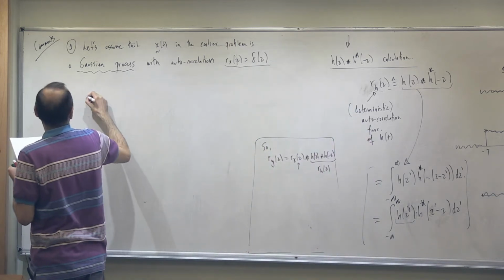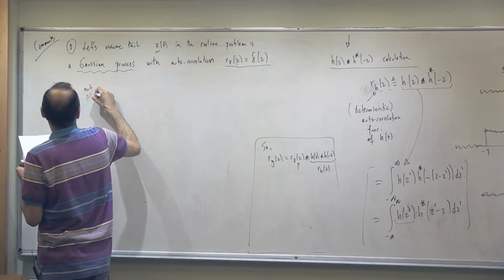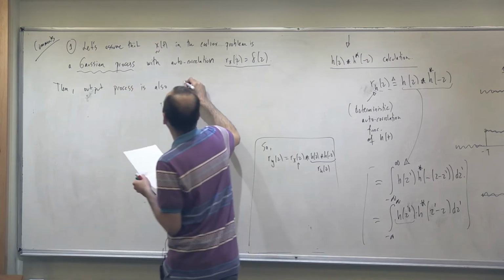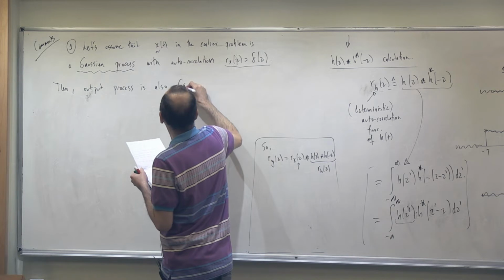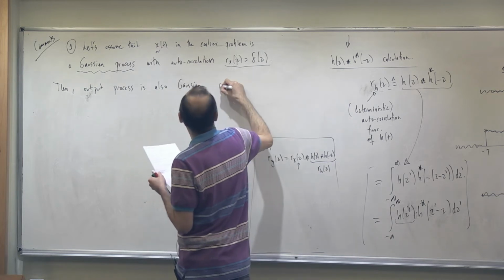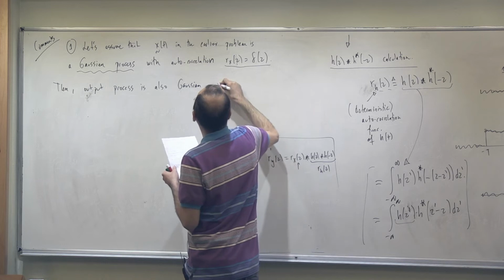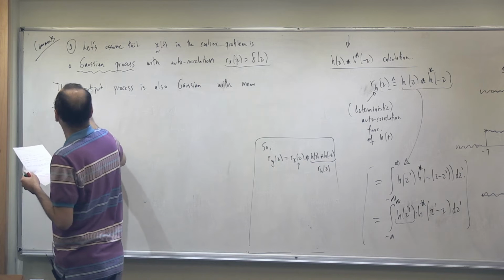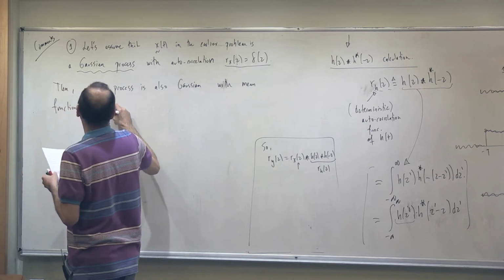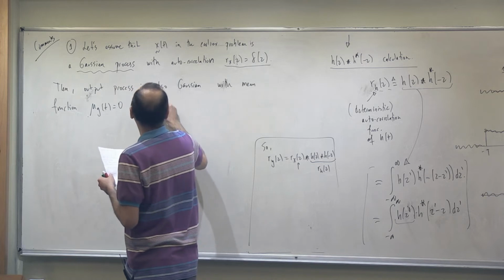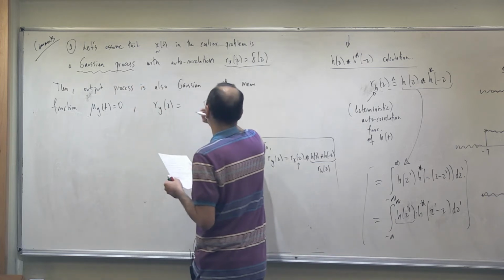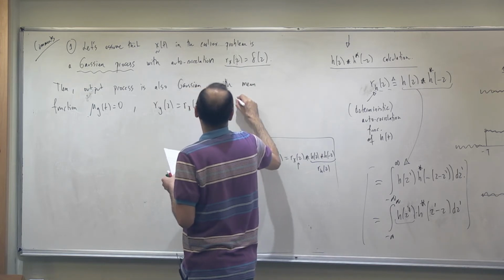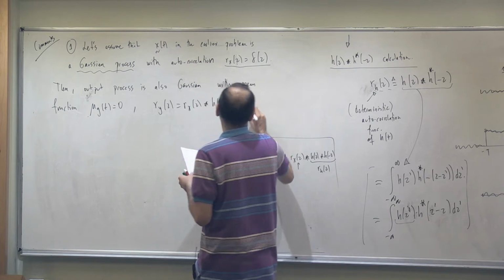Then the output process is also, we know the following, Gaussian. And Gaussian, let's say, with mean function mu y of t equal to 0, and Ry of tau equal to Rx of tau convolved with h of tau, h of minus tau.